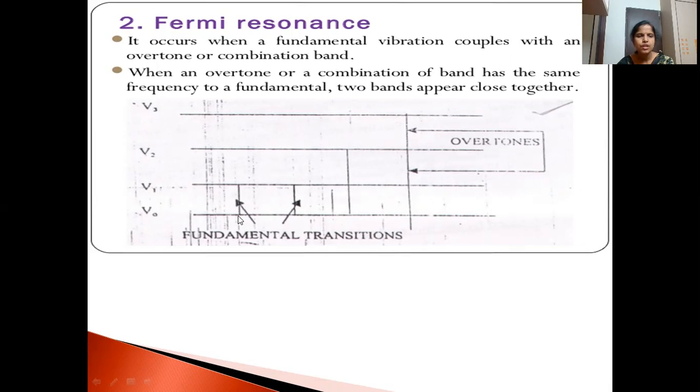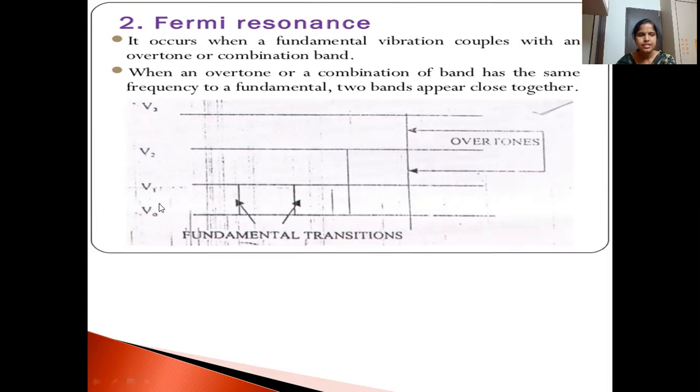When the molecule absorbs IR radiation, the transitions take place in the vibrational energy levels, as we have seen in our last class. Those vibrational energy levels consist of rotational energy levels also. Because of these transitions, IR spectra is also known as vibrational and rotational spectroscopy.